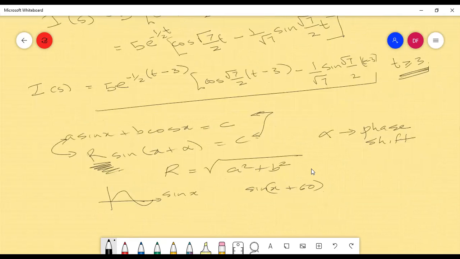So instead of it starting here at x equals 0, it would start x equals 0 when x is minus 60. So in other words, your function is going to start 60 degrees over here and look like that. So it has shifted to the right by 60 degrees.